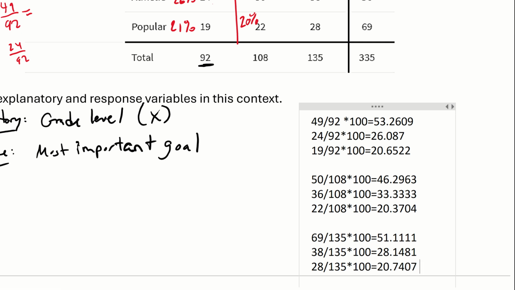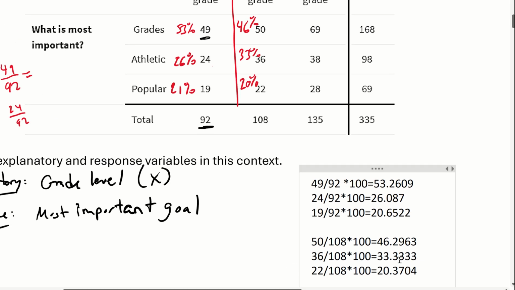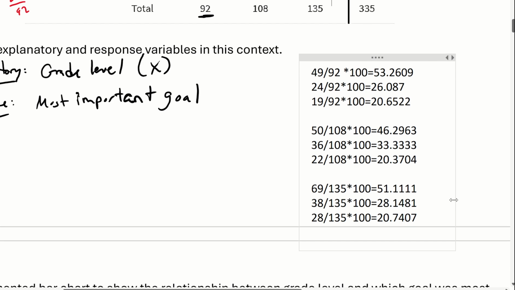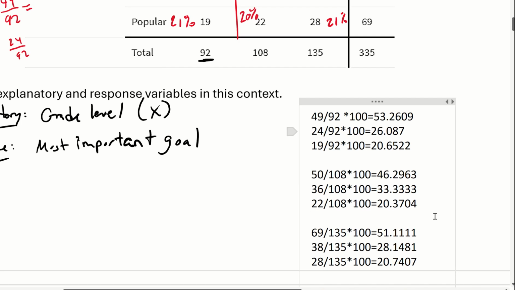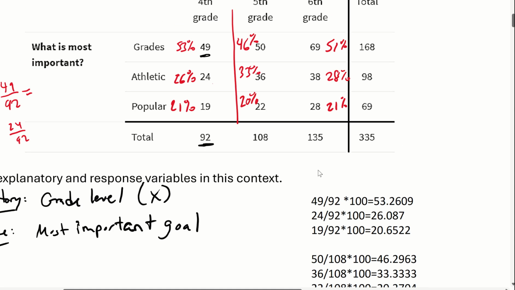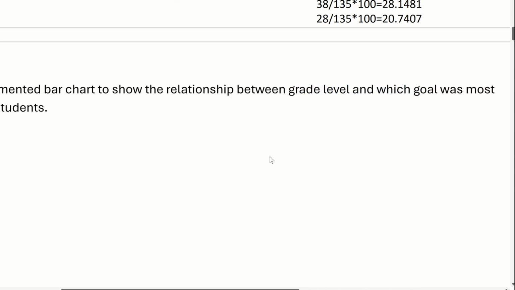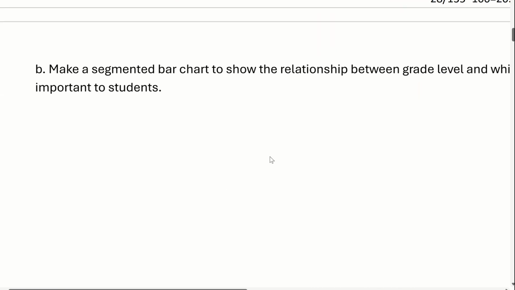So we've got 51, 28, and 20%. Okay, 51, 28, and 20, and 21. So this is going to round to 1. All right, so that gives us our percentages.